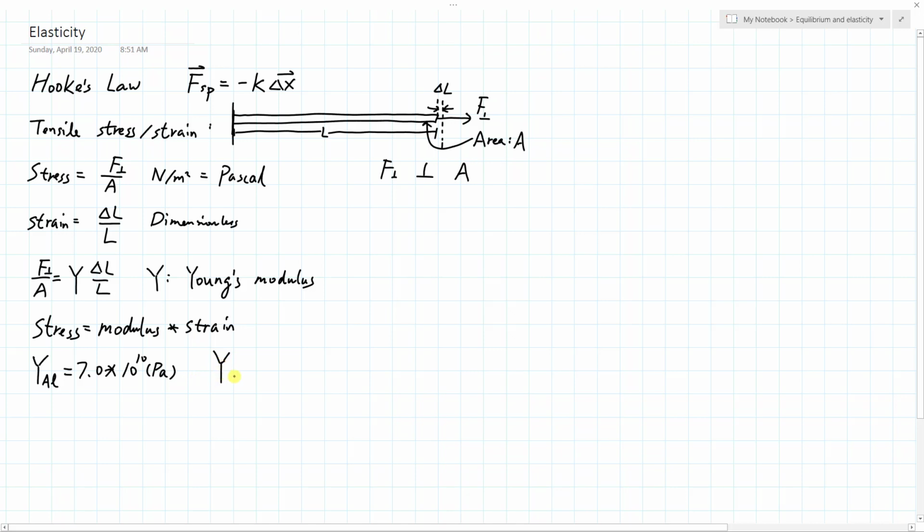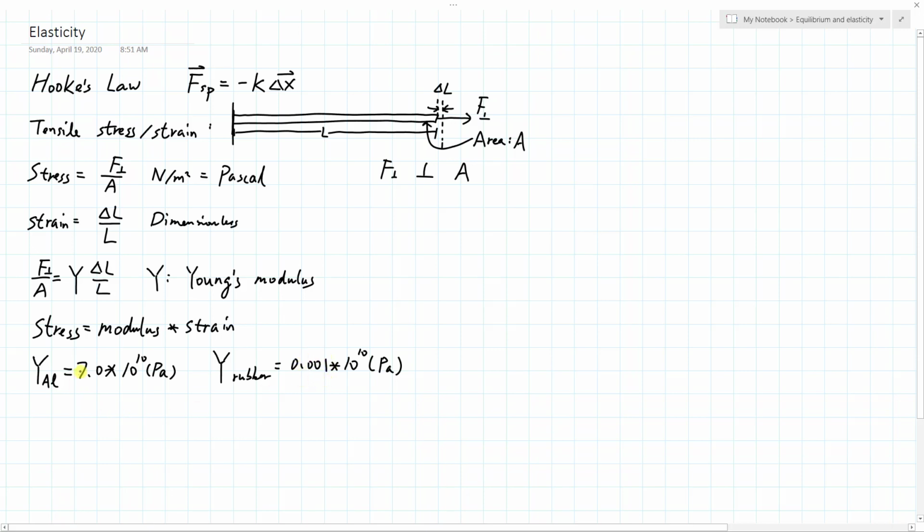Back to Young's modulus. Young's modulus for something that's a little more stretchy, silicone rubber, is 0.001 times 10 to the 10th power Pascal. So this is the same exact base, 10 to the 10th power. The value is very big, but this is a thousandth of that.